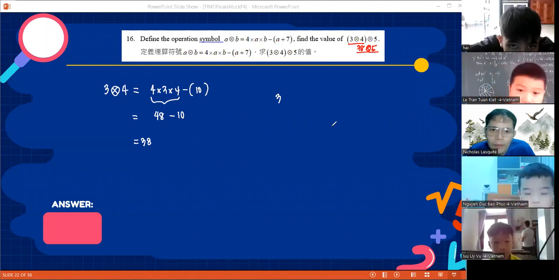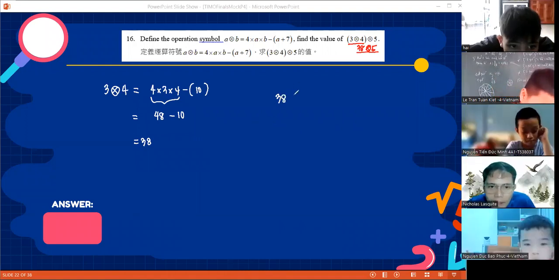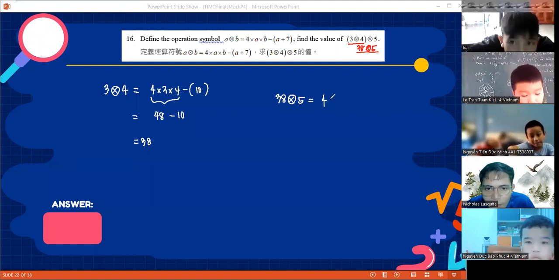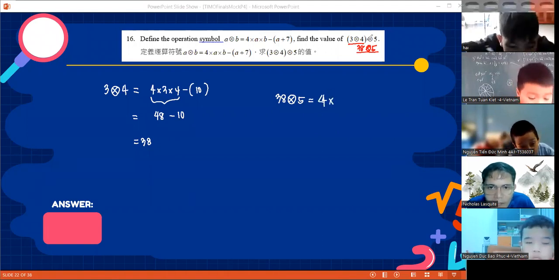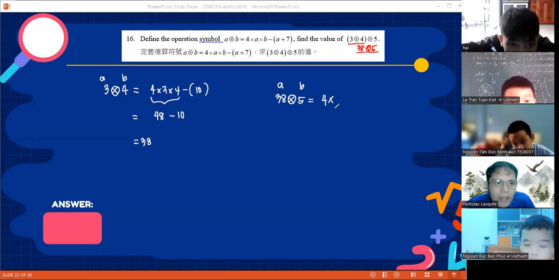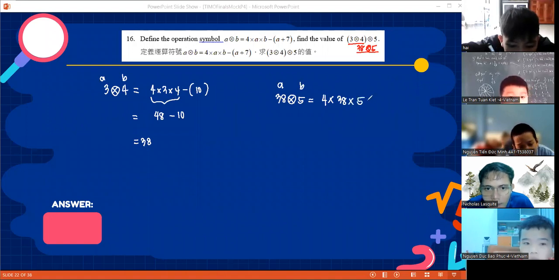So this is 38 operation 5. So how do you define this one? So this is 4 times A times B. What is the value for A again? The value for A is now this one, right? This is A, this is B. Okay. So this is 4 times 38 times B, which is 5.